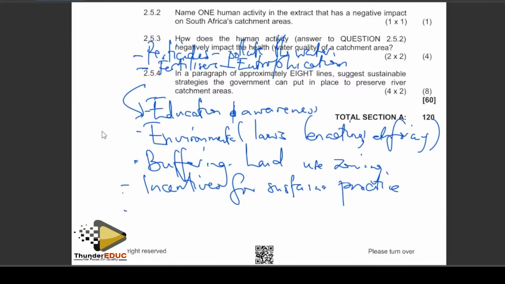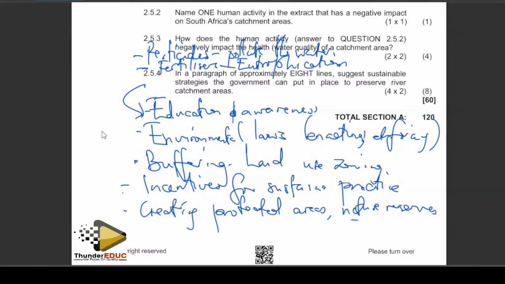We can also talk of creating protected areas, like nature reserves, so that people do not have easy access to those areas where we have the catchment areas of our major rivers. We make them protected areas, and those areas must be strictly controlled, and people should not have access to them.